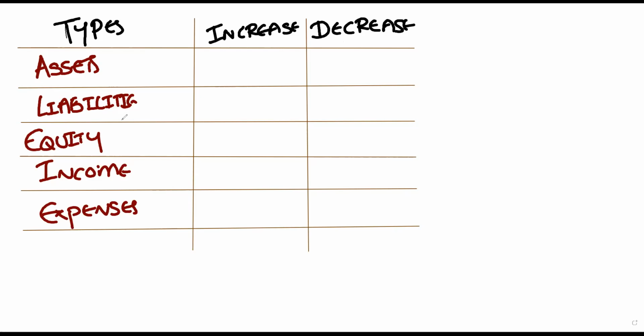Then you have to decide whether, as a result of this transaction, the account increases or decreases, and based on that you can decide. You should be in a position to decide this.